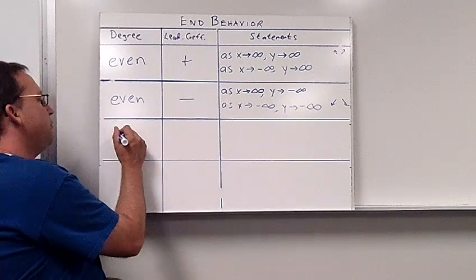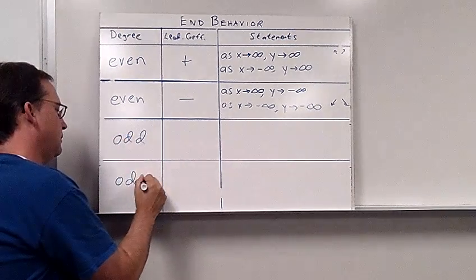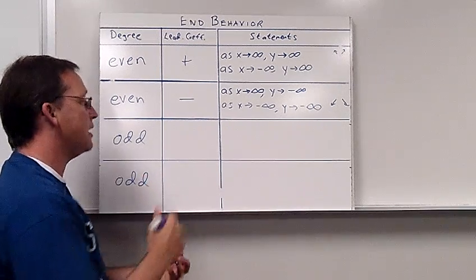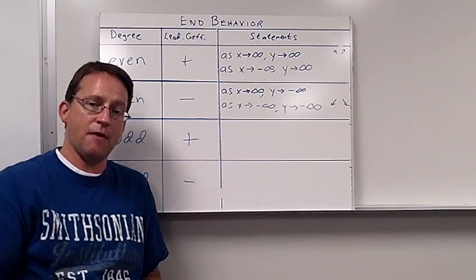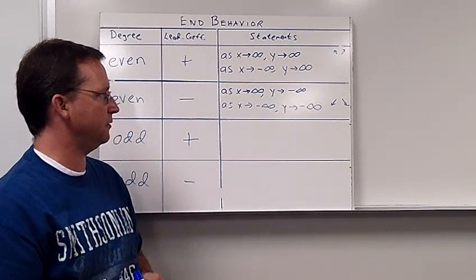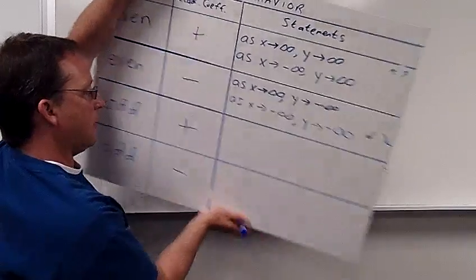So now what happens if we have odd degrees? Again, we'll get different scenarios, whether we have a positive leading coefficient or a negative leading coefficient. And I have an example here that we can look at.